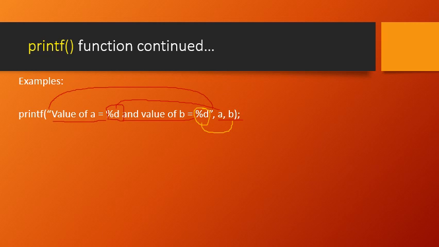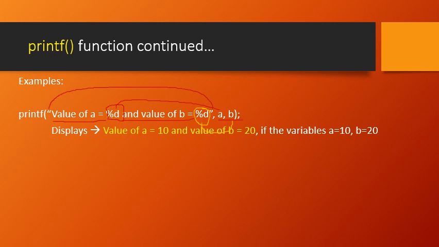So when this statement is executed, it is going to print value of A is 10 and value of B is 20. Again, we are assuming that A and B are both of integer data type, A stores 10 and B stores 20. Now, one more example.